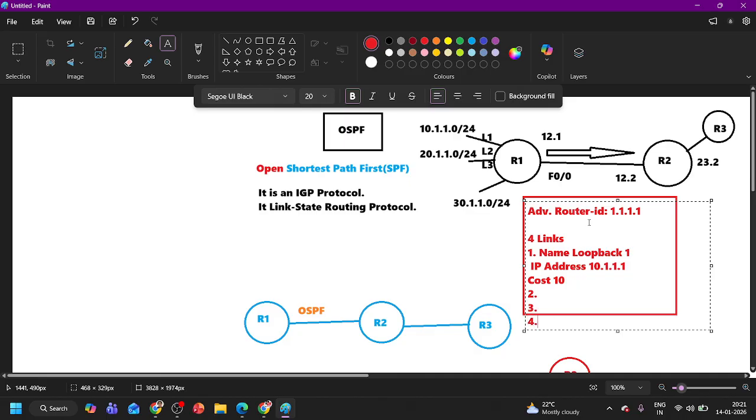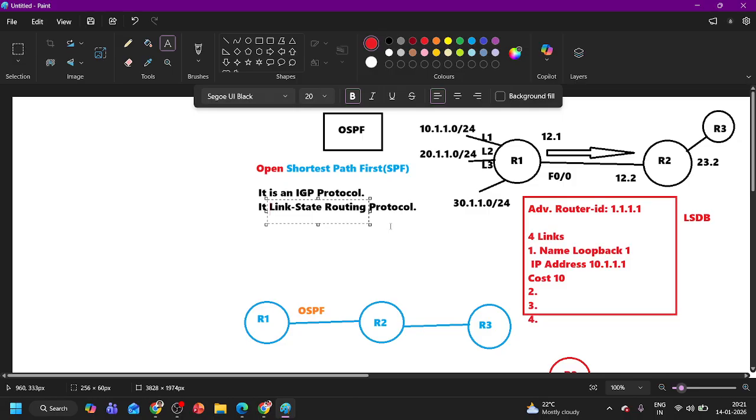It will store the state of all the links in its database, and this database is called the LSDB, link state database. So the meaning of link state routing protocol is the protocol which knows each and everything about the topology. Later you will also understand that OSPF is a pure link state routing protocol within the area.